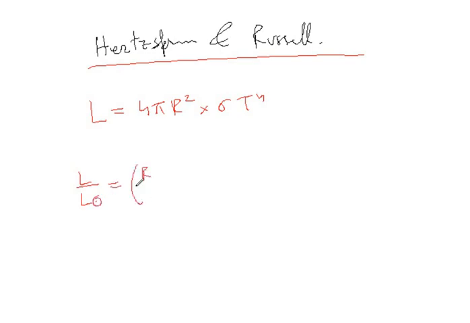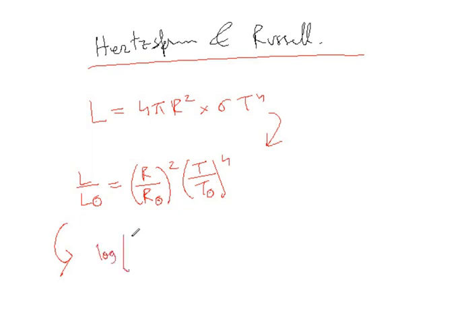You see, R by R solar to the power 2 and T by T solar to the power 4. So this is obtained from here. Okay, now let me write this relation in logarithmic form. Then what do we have?